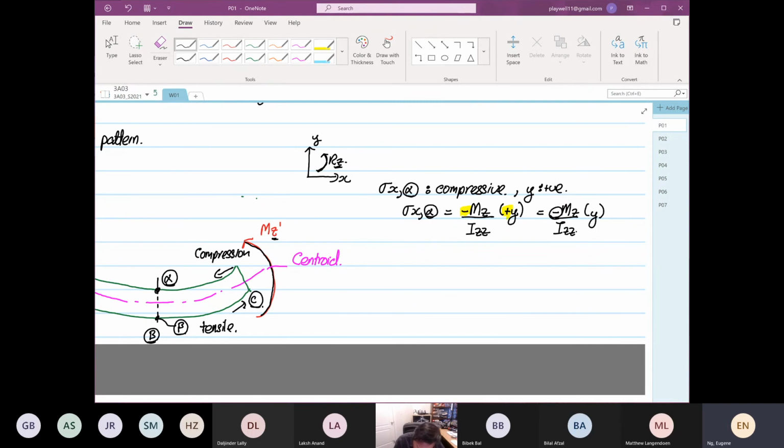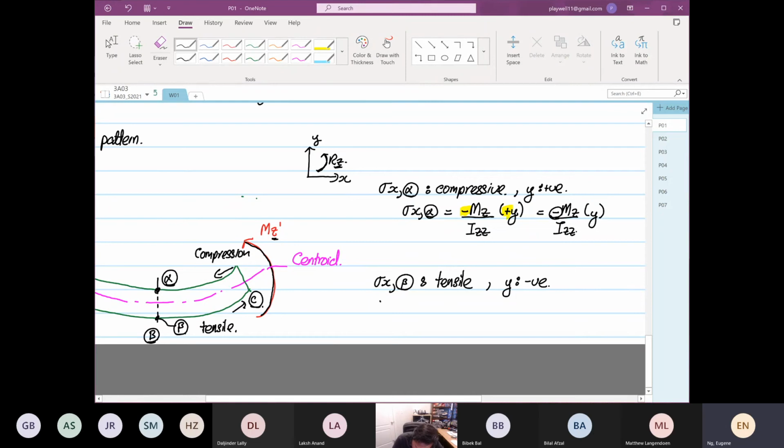Okay. Now, if we were to look at stress x at point beta, as you already know, is going to be what? Tensile. So when it's tensile, y in this case has to be negative. Right. So how does this work now?